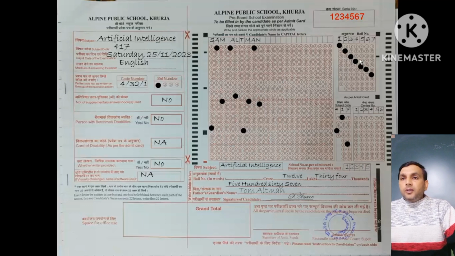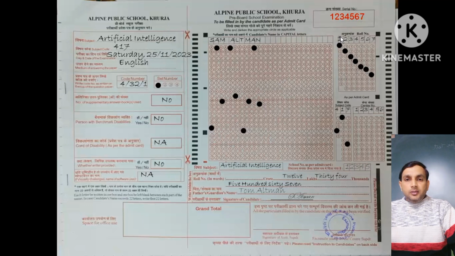And one thing that you need to keep in mind is that these bubbles should be filled and the entries should be in black or blue ink ball pen. Okay. And about attempting the questions in your question paper, start from the first question.